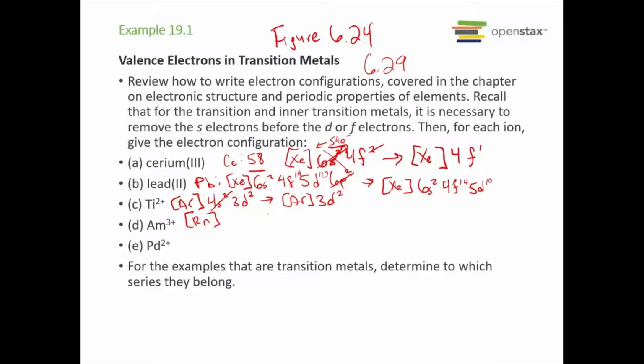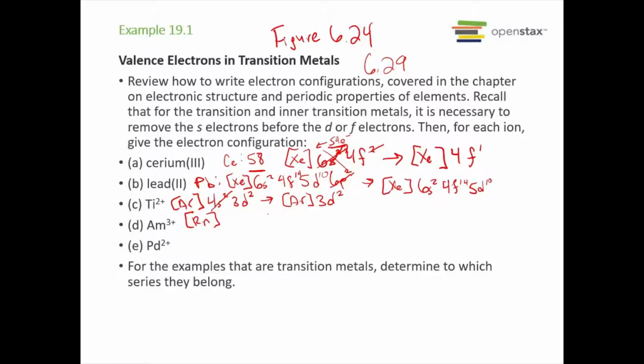And radon is actually filled in the 6p orbital, and that has 86 electrons. Americium has 95. So we have then 9 electrons to play with.